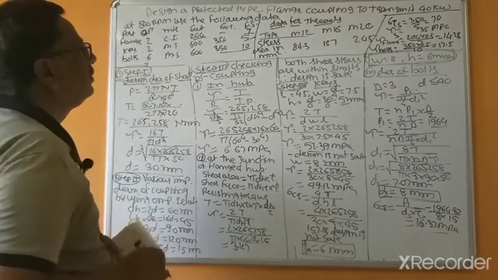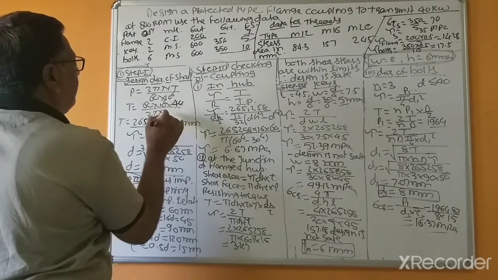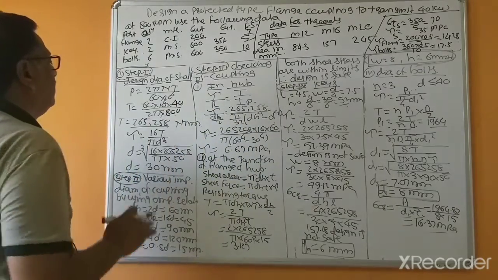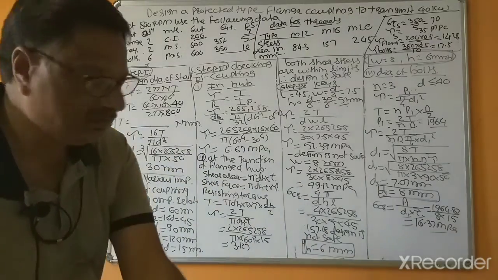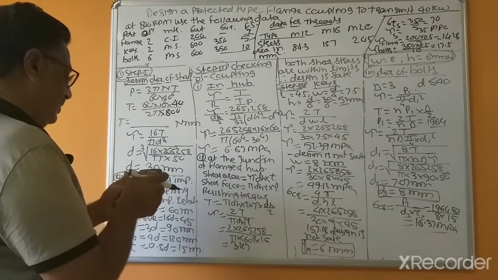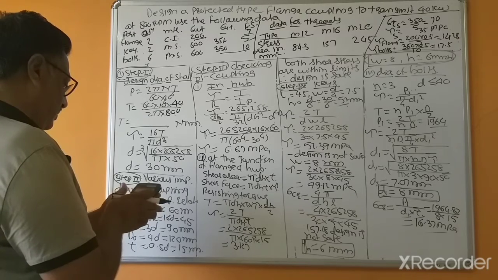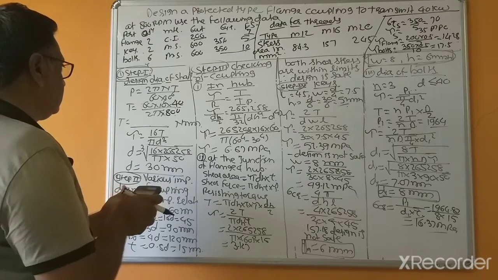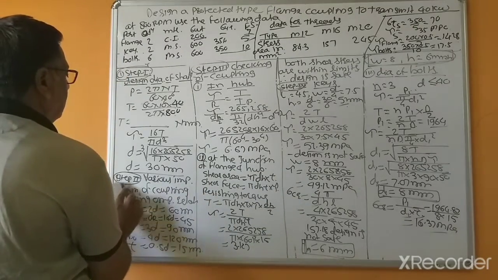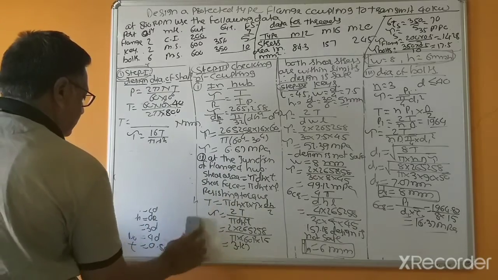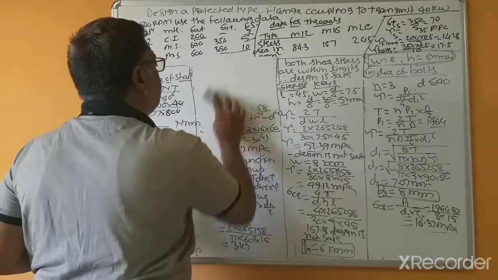So here T is given. Power equal to 40 kilowatt, RPM 800. That's why this is 60 into 10 to the power 6. Otherwise you may be confused, that's why I will erase this.